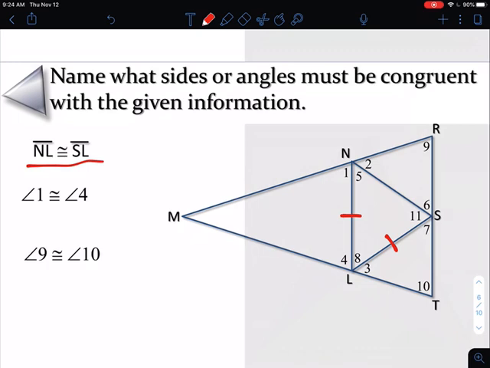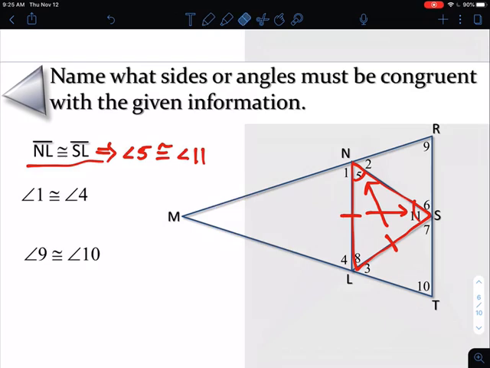So again, I draw arrows across my triangle. Here I'm talking about this triangle right here, so I'm restricting myself to right here. If I go across, I get one angle, angle 5, which must be congruent to the other angle that's across, which is angle 11. So because NL was congruent to SL, angle 5 must be congruent to angle 11.